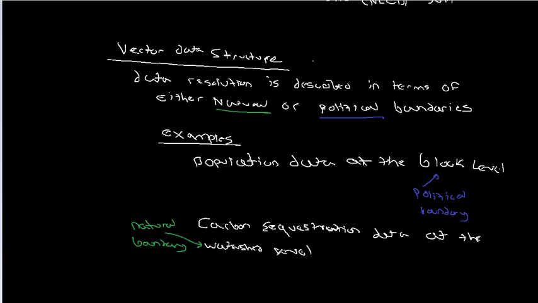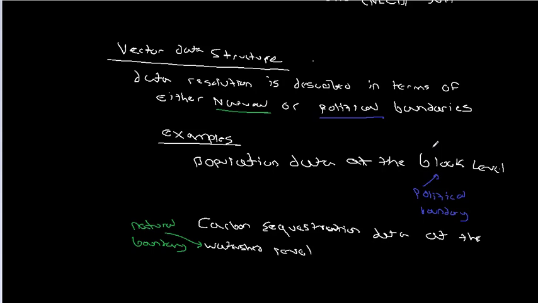I think it's really important to consider data resolution or the minimum mapping unit when we're talking about scale, because just like we said in the previous videos, scale is really going to determine the level of detail that you need. In the same way, your minimum mapping unit or your data resolution is going to drive that same process, because you want to make sure that your data resolution matches your scale. You could imagine the first example of population data at the block level.